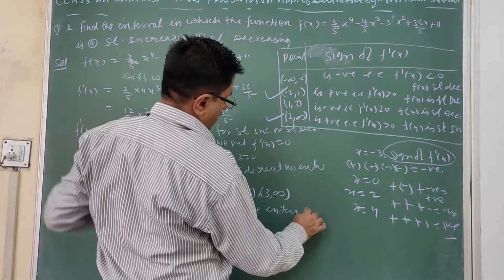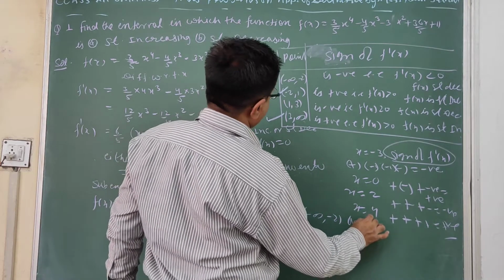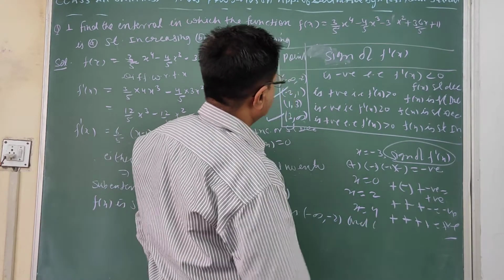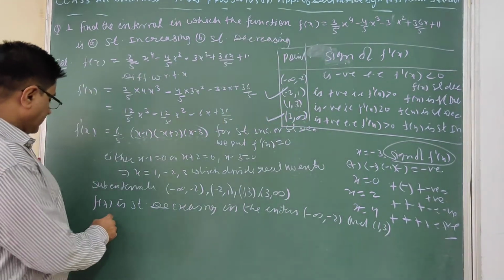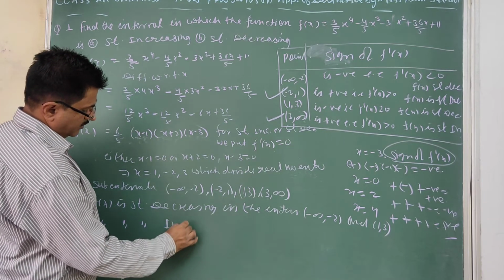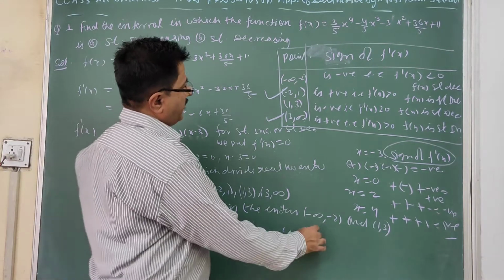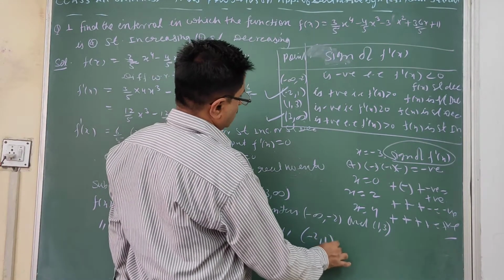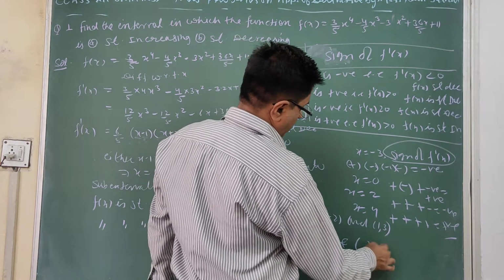So decreasing from minus infinity to minus 2 and 1 to 3. Here again, write the function is strictly increasing. This function is increasing in the interval -2 to 1 and 3 to infinity.